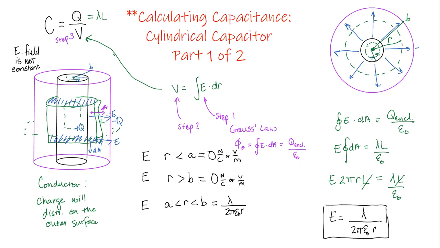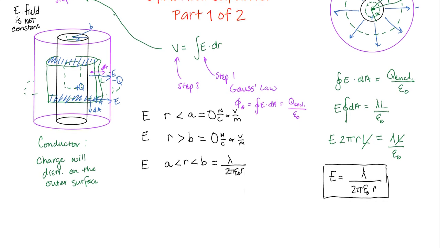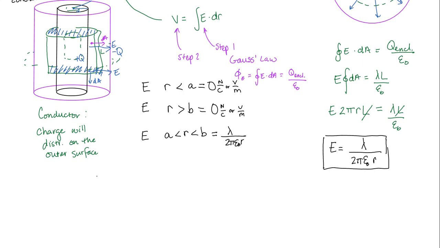Now, at this point, what I'm going to do is a quick little sketch of the graph here, because this is where we'll pick up in the next part when we actually try to integrate this function. We're going to do electric field as a function of r. I'm going to put a, so 0 to a, this is the inside, right, and then a to b.